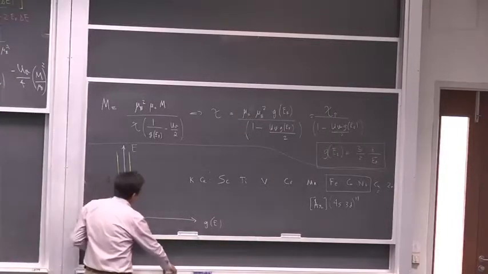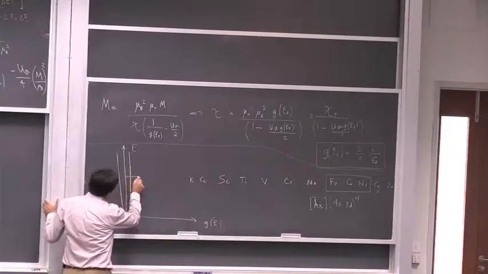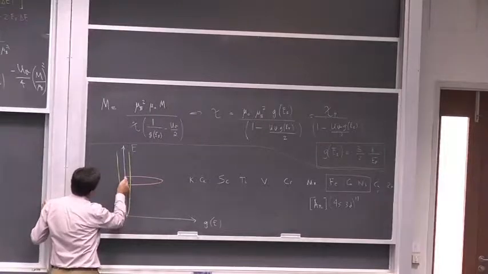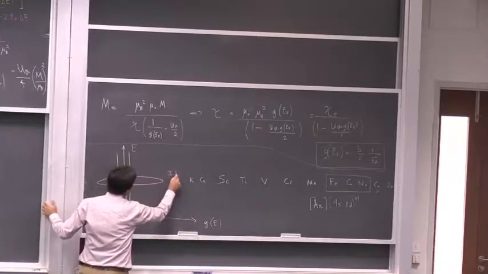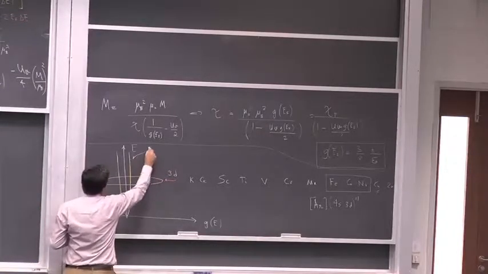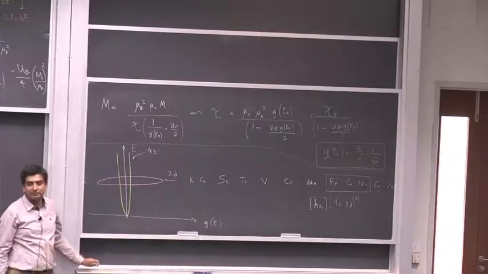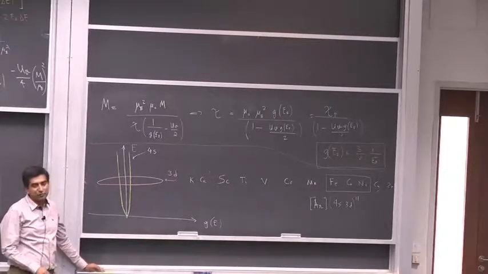So if I were to schematically plot the 3d bands, this is what the bands are going to look like. So this is the 3d band. This is the 4s band. Now 11 electrons have to go into these bands.